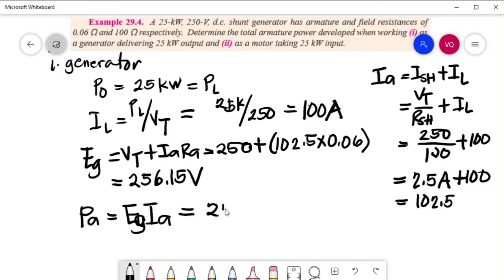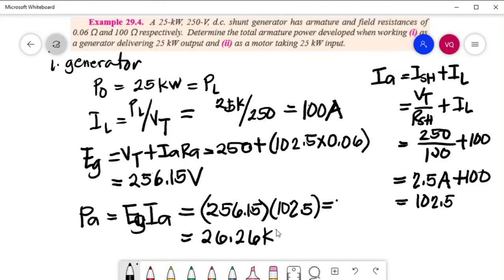So 256.15 multiplied by IA, 102.5, is equal to 26.26 kilowatts.